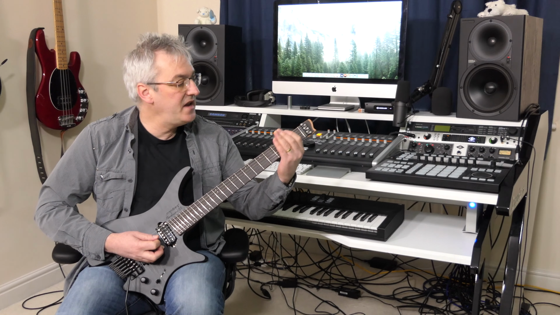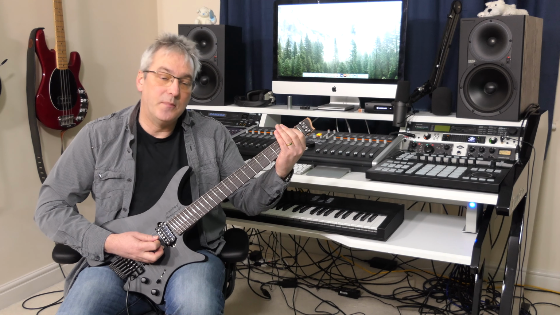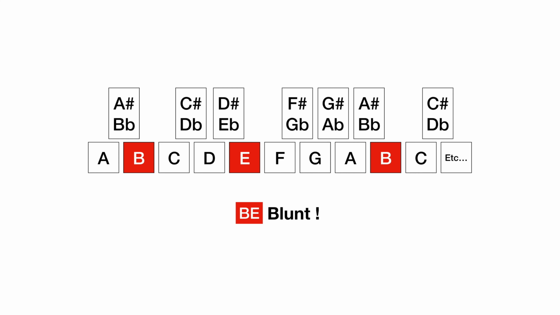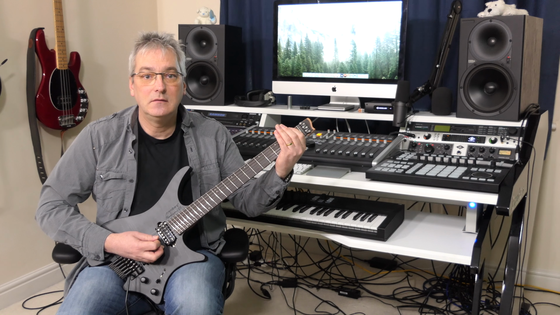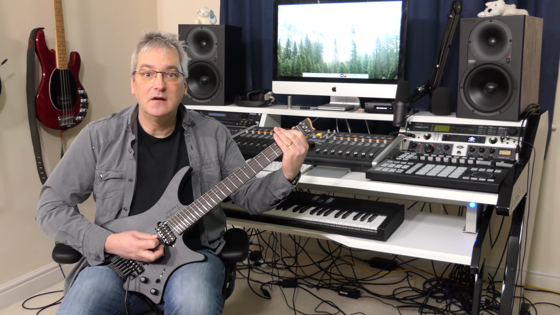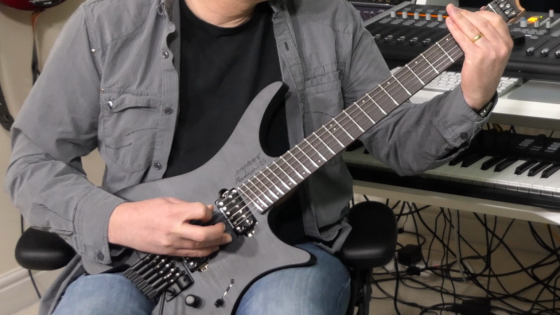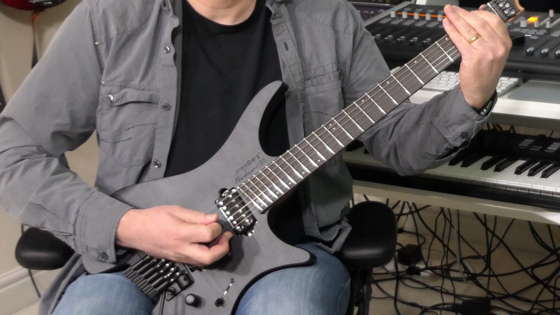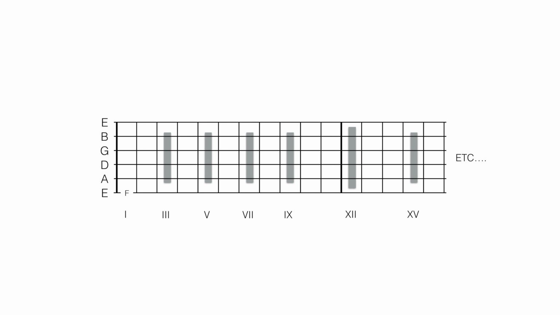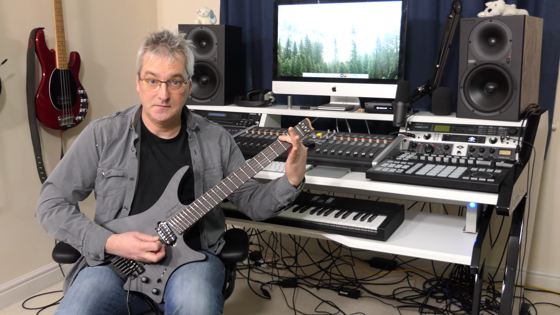So what is the next note on the 1st fret? Remember, B blunt, E is blunt, it has no sharp. So the next note is F. Play the note and fill in the blank space on your guitar fretboard chart. The next note is on the 2nd fret.